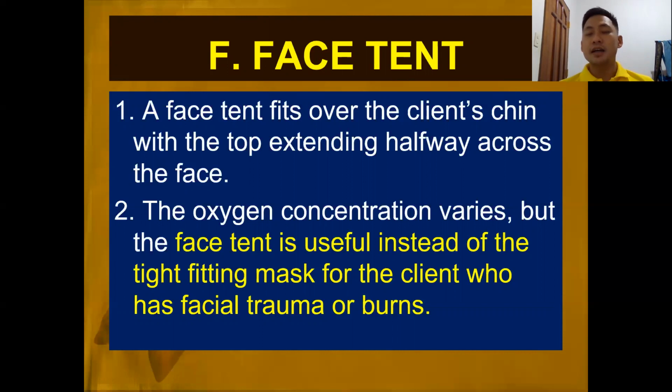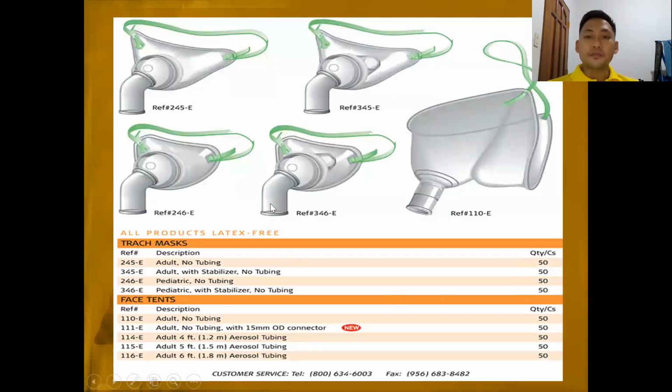And actually, a face tent, when attached to a large bore tubing in an oxygen device, could be considered a high flow oxygen system. But whether it is high flow or low flow depends on the type of tubing we use for our patient. So this is an example of a face tent.